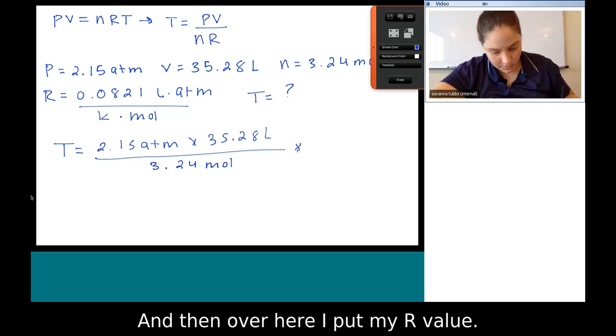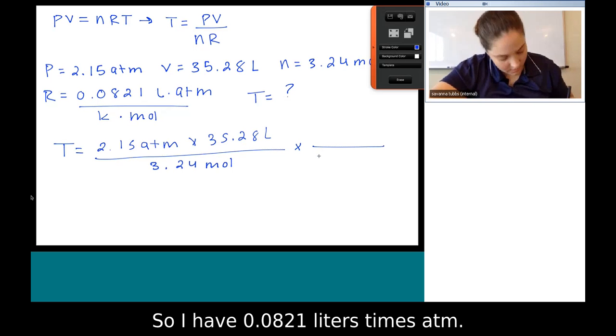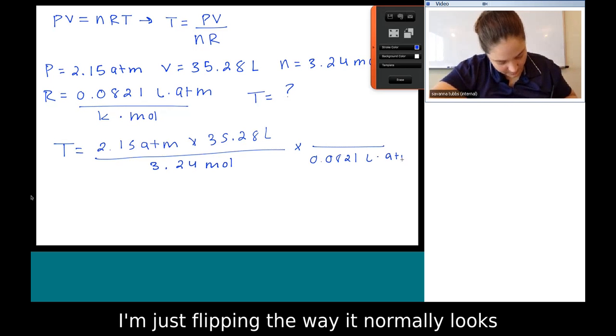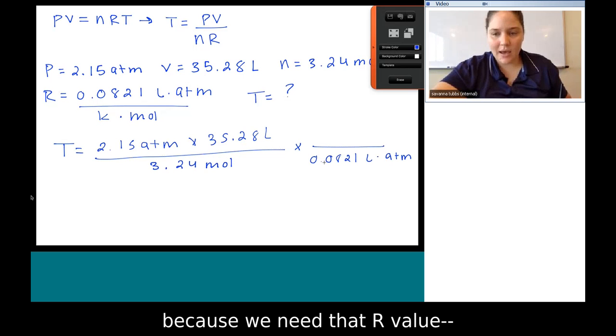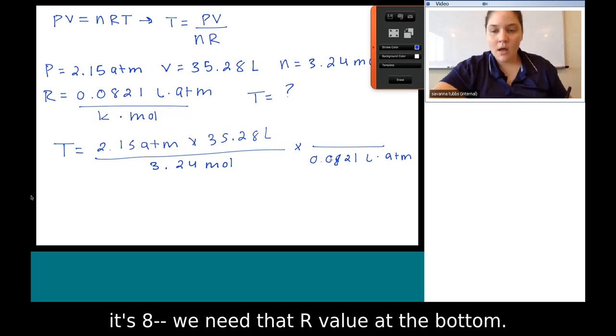And then over here, I'm going to put my R value. So I have 0.0821 liters times atm. I'm just kind of flipping the way it normally looks because we need that R value at the bottom.